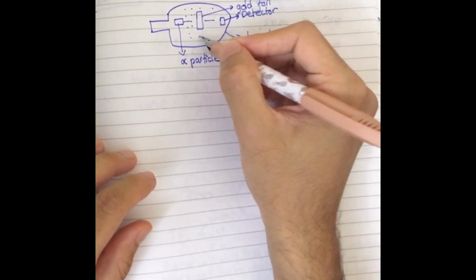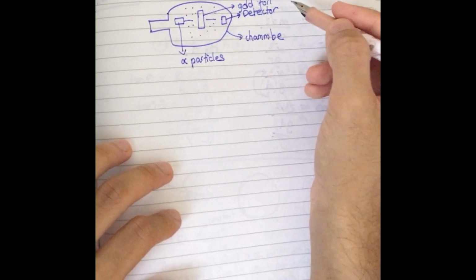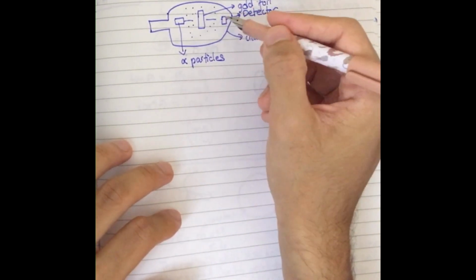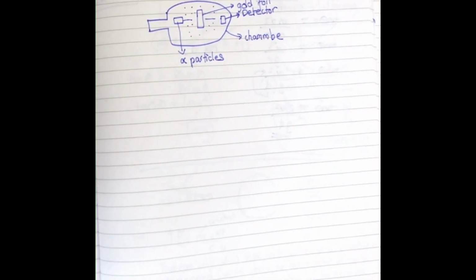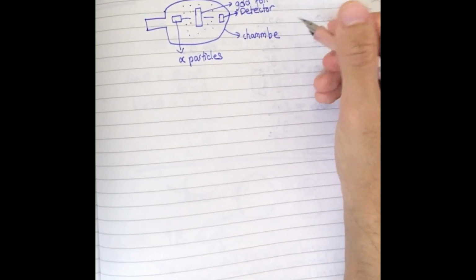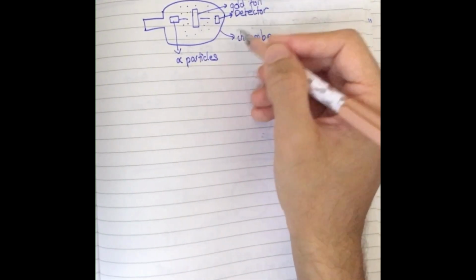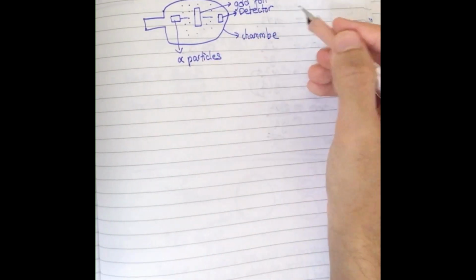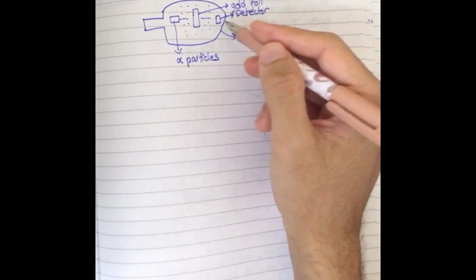If these atoms are in here, then the alpha particle might get deflected or might not reach the detector at all, because oxygen has charge, and carbon has charge as well. These charges might deflect each other, since we know that positive and positive repel each other, while positive and negative attract each other. That's why we make this chamber a vacuum, so it doesn't contain any molecule except the alpha particle source, the gold foil, and the detector.